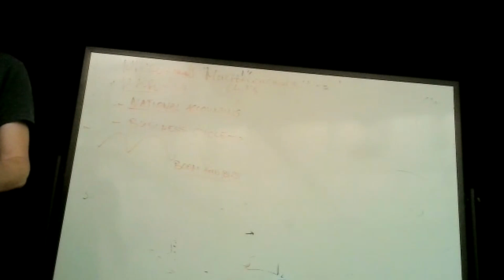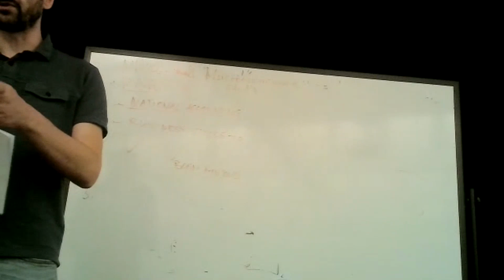So when it comes to national accounting, there are three basic concepts, 3.5, I'd say, let's say 4. Concepts or statistical measures that we want to take into account and to understand well before we try and develop a theory of business cycle.